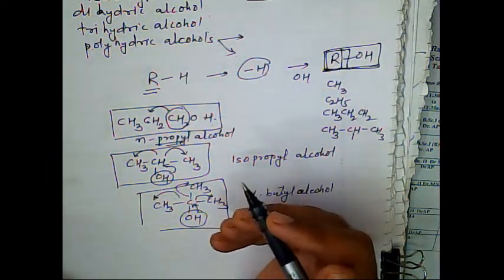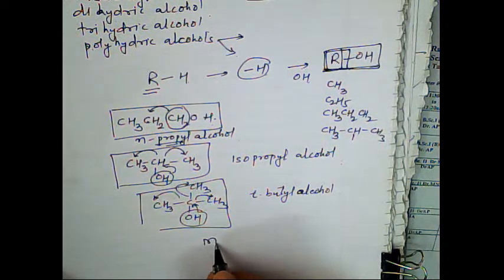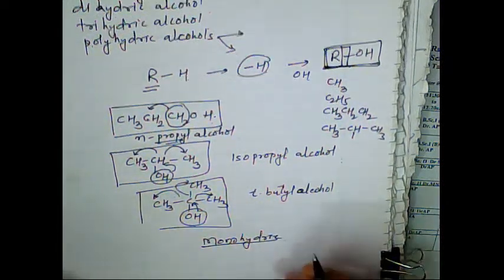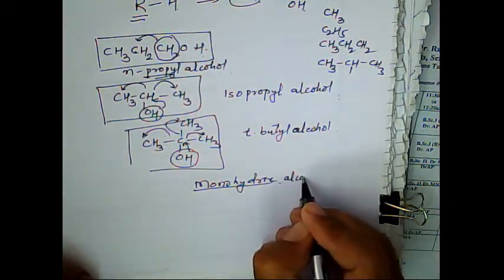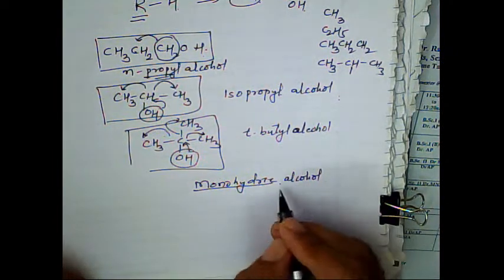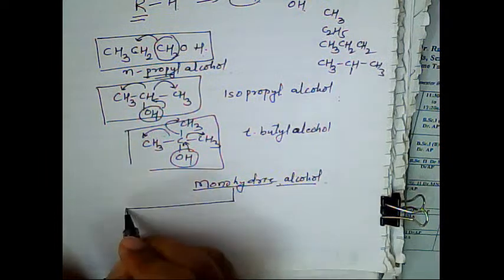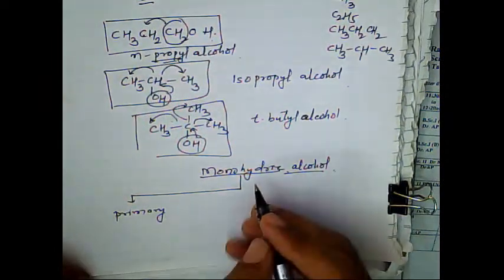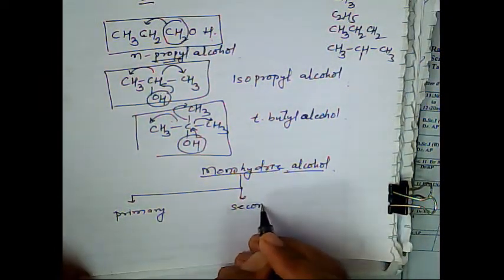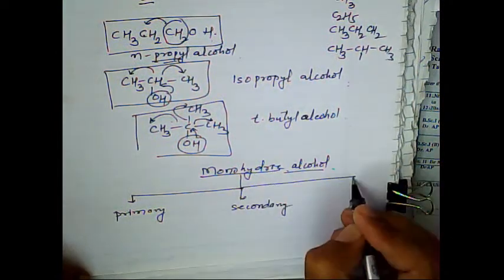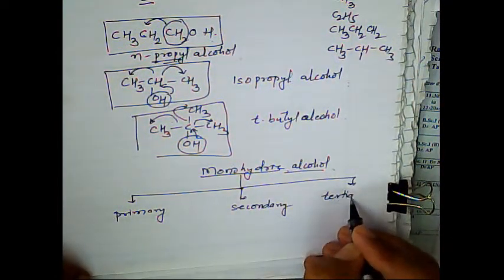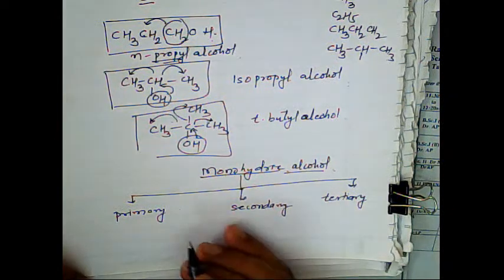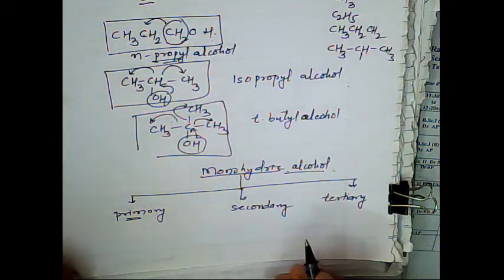So the monohydric alcohols are further divided into 3 types. Monohydric alcohols are classified as primary alcohols, secondary alcohols, and tertiary alcohols. Now the question arises, what is meant by primary alcohol?